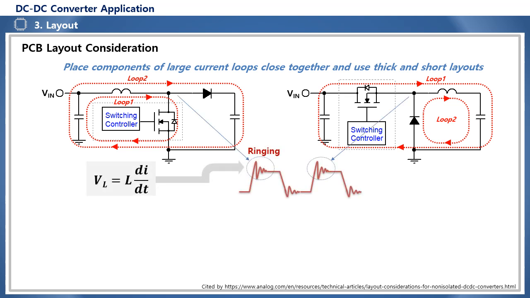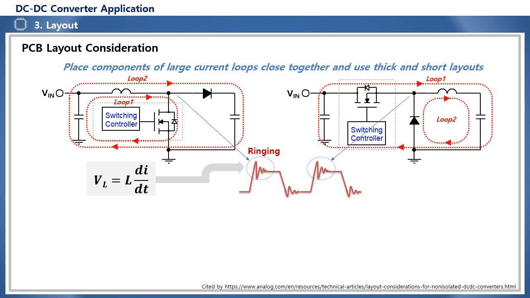According to the voltage relationship by inductance, since the inductance L value is proportional to the current fluctuation, unintended oscillation or ringing may occur due to parasitic inductance by the pattern in a loop where a large current is switched. In a typical PCB pattern, a parasitic inductance of 1 nanohenry is generated per 1 mm. Therefore, in high-power switching PCB layout, the pattern must be thick and short to minimize parasitic inductance.